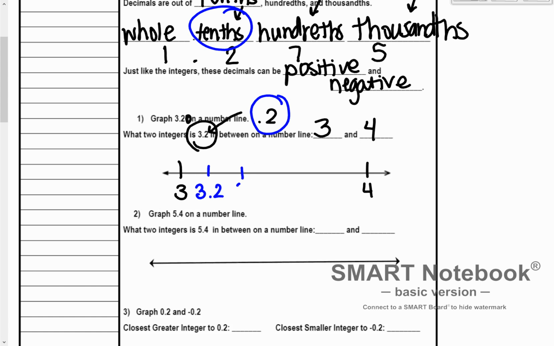The next tick mark is going to be 3.4, because we're just counting by 0.2. Next one will be 3.6, then 3.8, and then 3.8 plus 0.2 will be 4. We're going to put a nice big dot where 3.2 is, and we have that graphed.